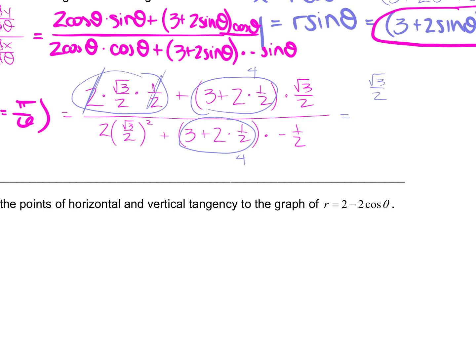Because 3 plus 2 times 1/2. So 4 times root 3 over 2 gives me 2 root 3, yes? What happens when I square root 3 over 2? That gives me 3 over 4, so 2 times that is 3 over 2. Plus 4 times negative 1/2, or minus in that case, is going to be minus 2.